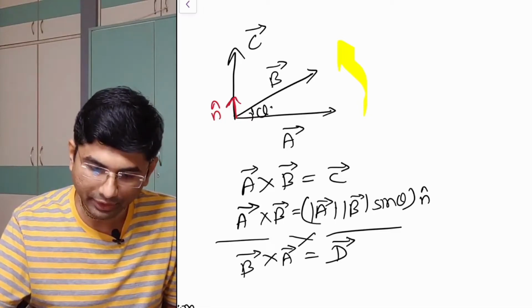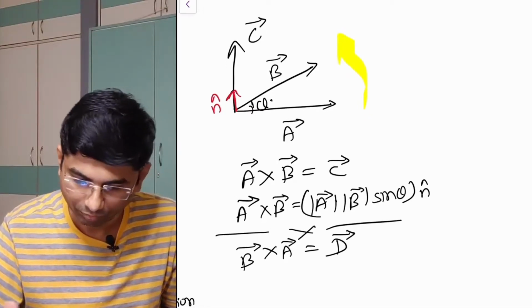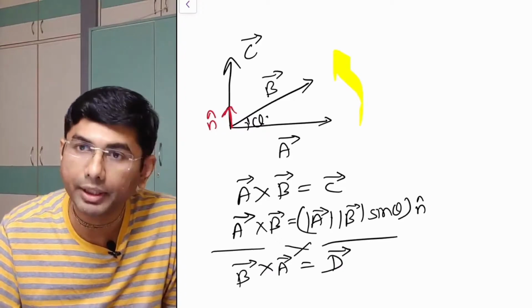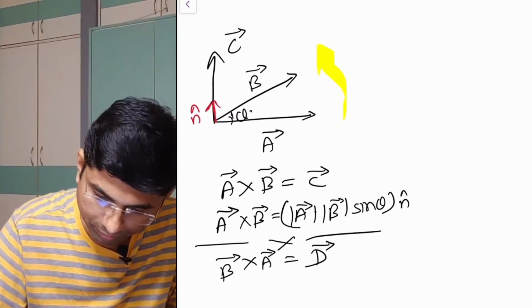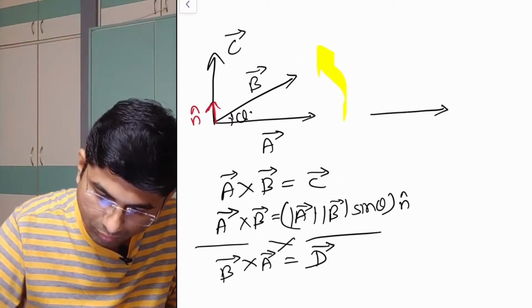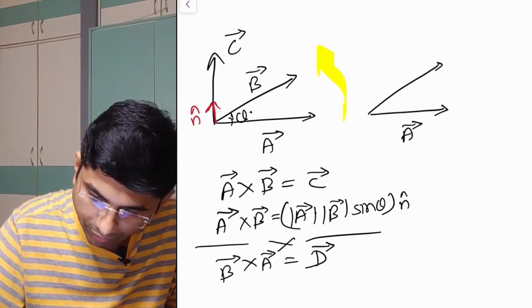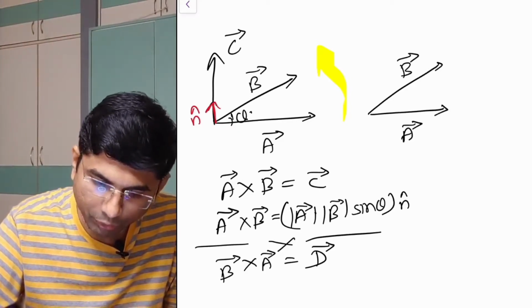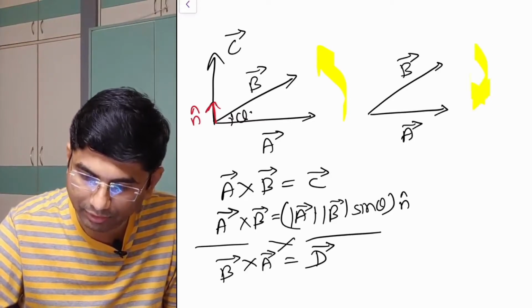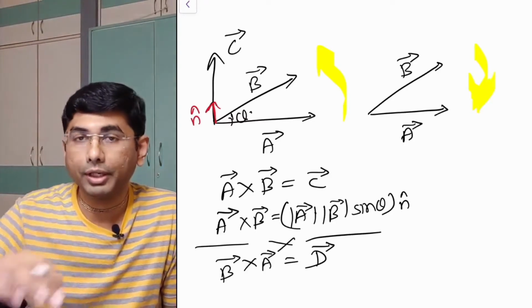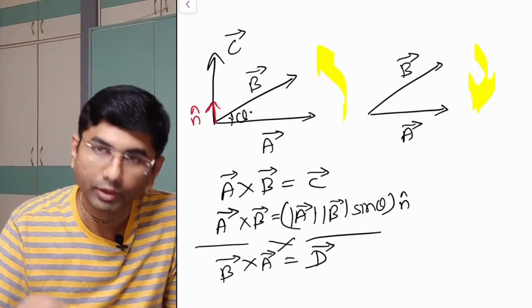But when I am crossing B cross A, again I am making another diagram here. A vector, B vector. Now I am doing B cross A. It will be like this, in this direction. Now it is clockwise direction. Again it's like a thumb.